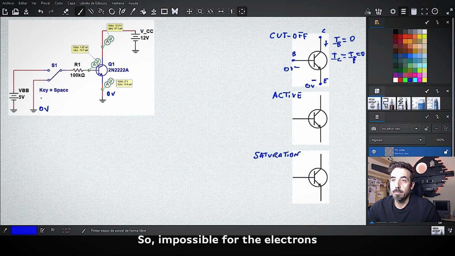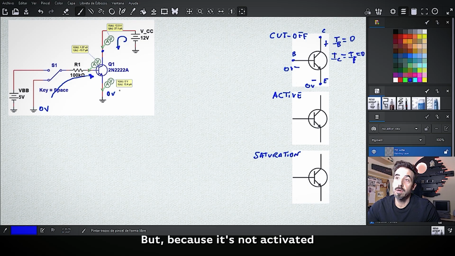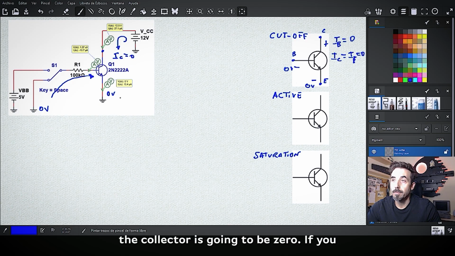So it is impossible for the electrons to go through and activate the device. Even considering that at the collector you have here a voltage supply of 12 volt, because it's not activated, you don't have any kind of current through the collector. So the current through the collector is going to be 0.